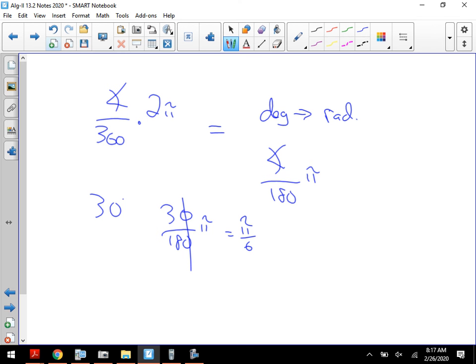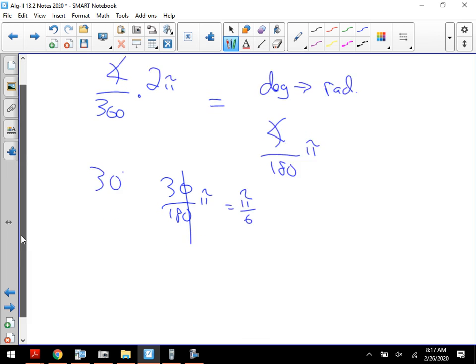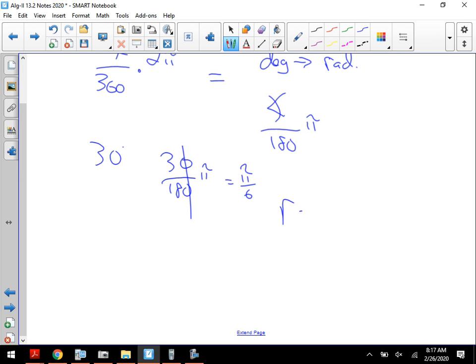The opposite. Yep. Radians have pi, degrees don't. So you want to gain pi when you're going from degrees to radians. When you go from radians to degrees, you multiply by 180 over pi, because you want to get rid of the pi, because the pi's will drop.